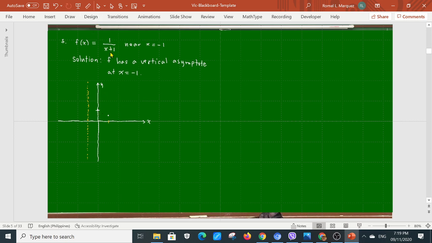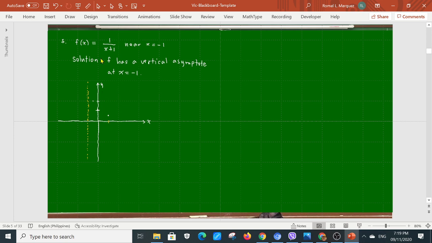When x is, let's say, 1/2, 1/2 plus 1 is 3/2, so you will get something like 2/3. When x is negative 1/2, plus 1, that is 1/2, so it equals 2. So somewhere here.